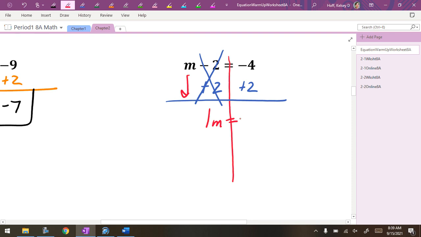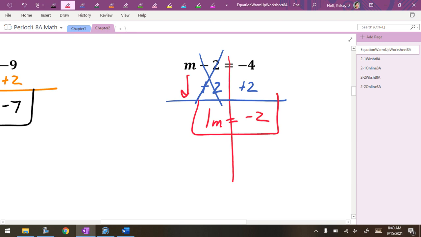Negative 4 plus 2 is negative 2. You're going to hear Miss Hoff say it over and over again about taking your pointer finger. I have to use my whole hand, but covering up that letter to know what to do with it.